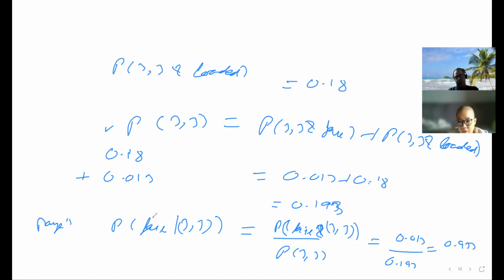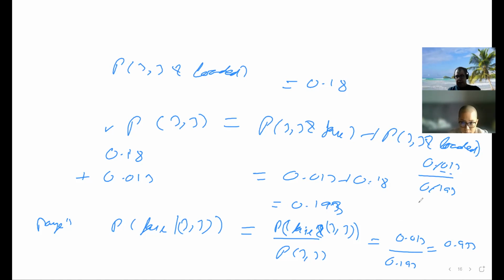Okay, I have a question. How did you get the answer over there? 0.013 divided by 0.193. Why am I not getting that? In both places the decimal is before three digits, so I can cancel out the decimal.